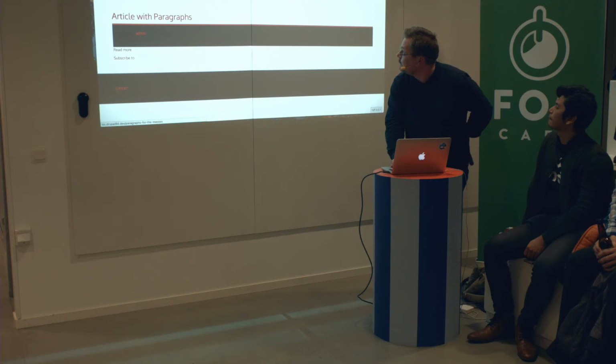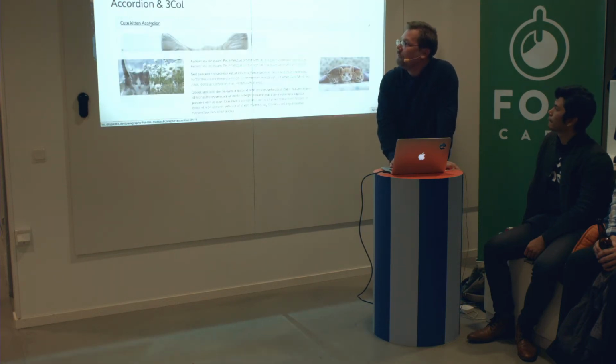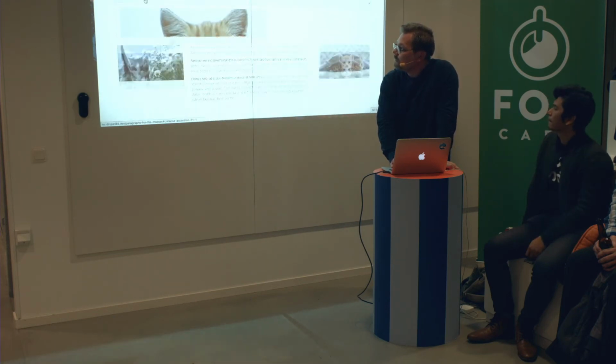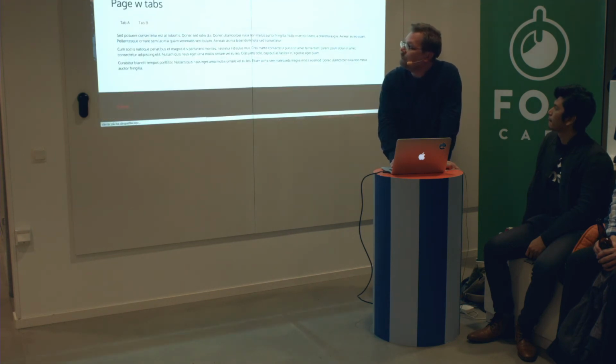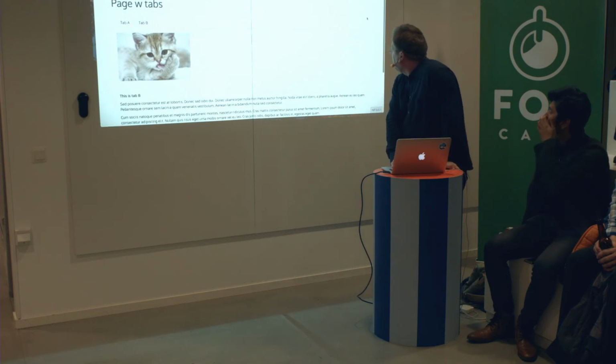I created an example where you have an accordion. It's ready to go. You perhaps want to add some custom CSS, etc. And a page with tabs, which is a really nice solution.